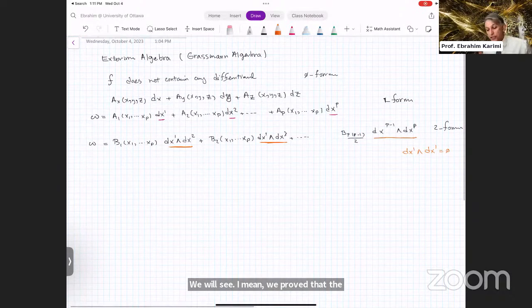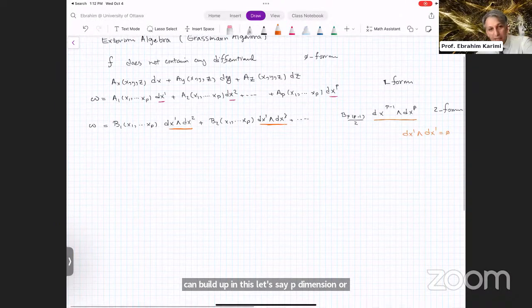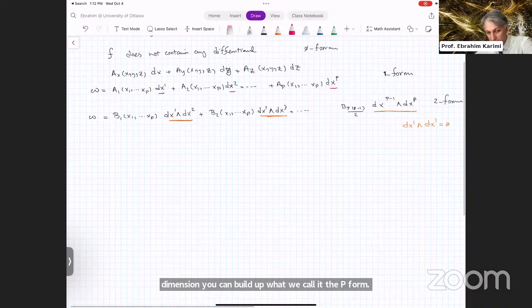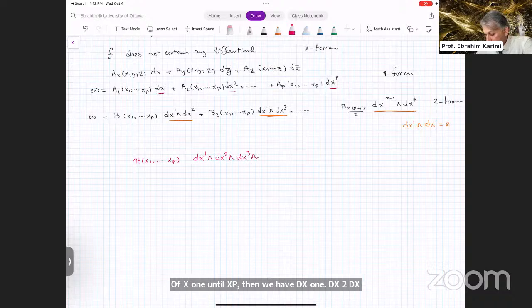In the same fashion, in this p dimension or d dimension, you can build up what we call the p form. For this explicit case of dimension p, we can build up the p form, which can be any function, let's call it h, of x1 until xp, times dx1 dx2 dx3 until dxp.